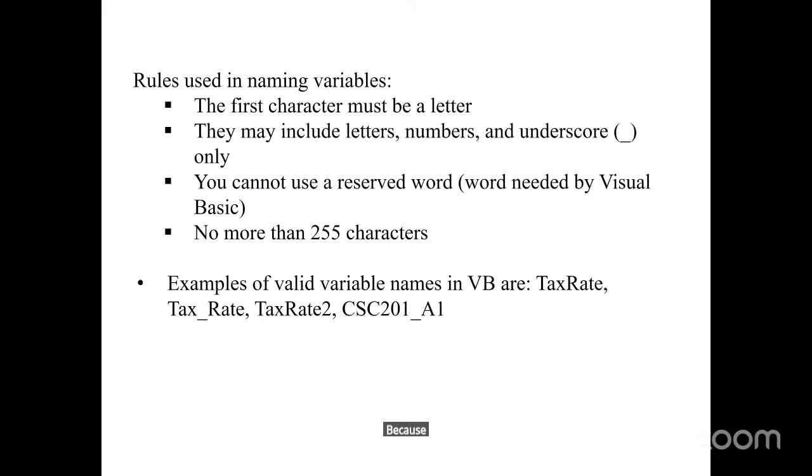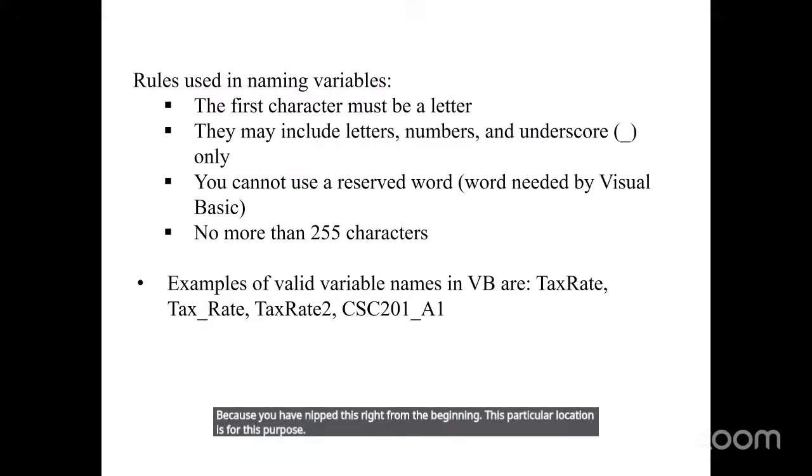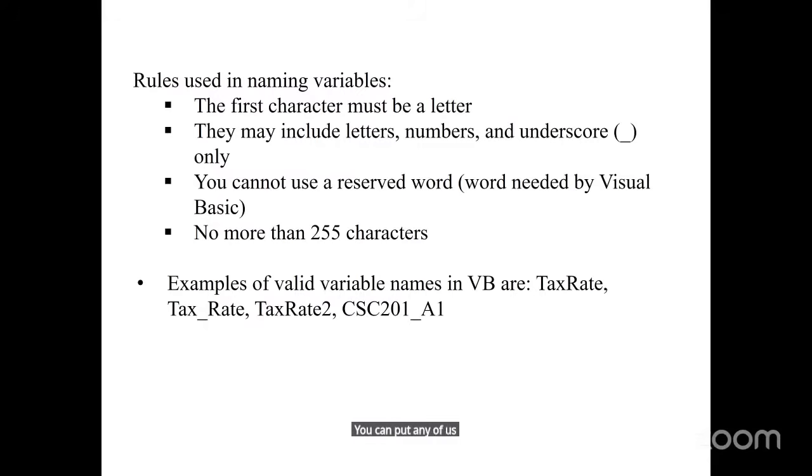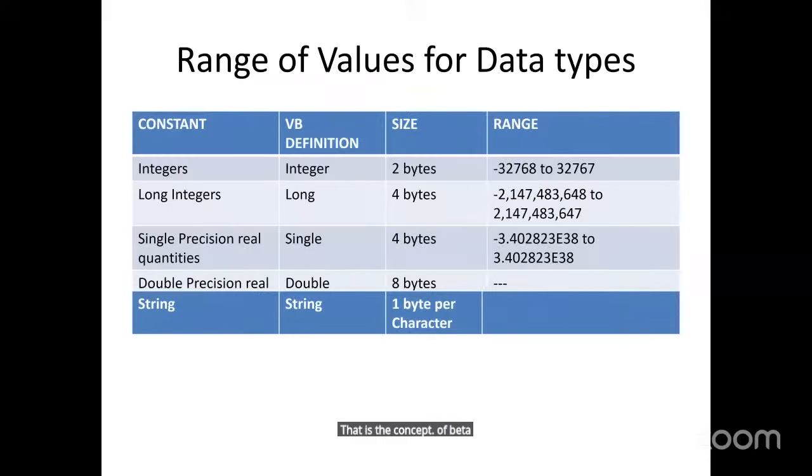Because you have named it right from the beginning that this particular location is for this purpose, you can't put anything else there. That is the concept of data type. Once you declare a variable, you also declare the type of data that must be stored in that variable. That is where data type comes in.